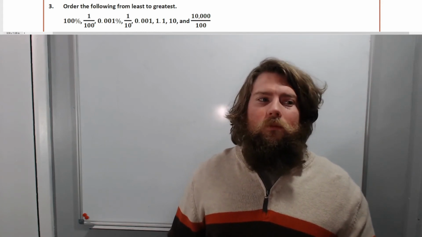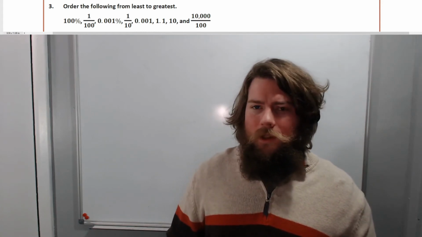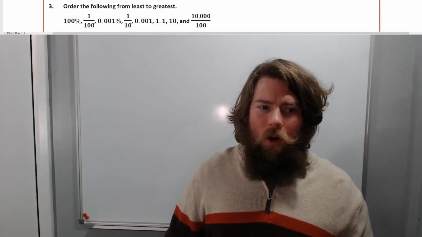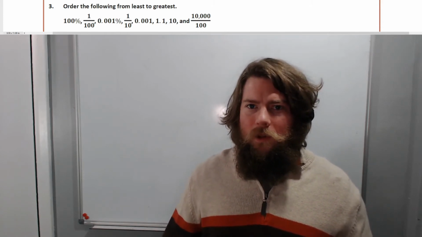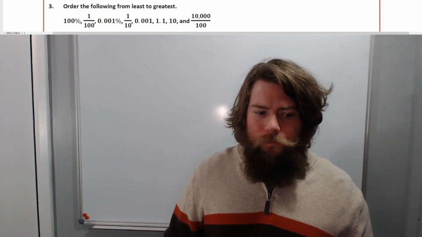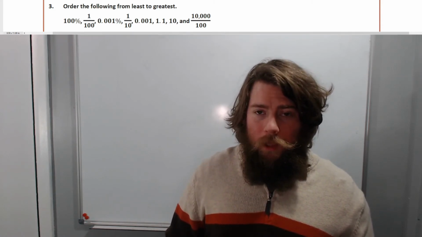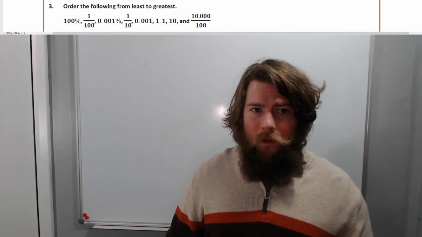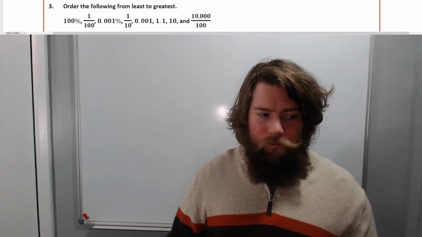So the main thing to do in a situation like this is to convert all of those numbers into the same form, either all percentages or all decimals or all fractions. We are going to put them all in decimal form.